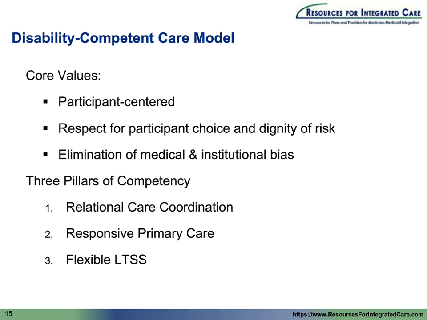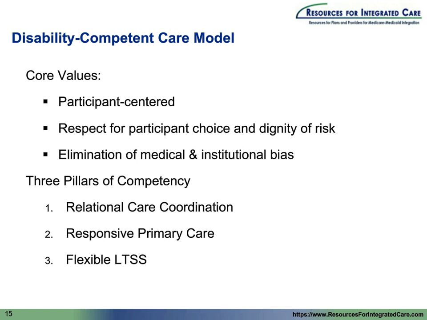So these are the core values of the disability competent care model. As we talked about, participant-centered, person-centered. It elevates autonomy to the primary ethical principle, respecting participant choice and the dignity of risk. We'll have a whole session on the dignity of risk. But really, disability competent care means shifting from us worrying about what risks we can live with to what risks the consumer wants to live with.